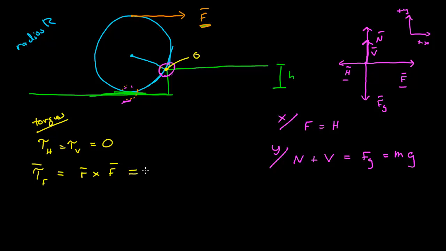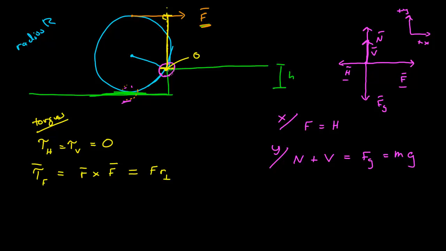I'm going to conveniently do this in terms of the magnitude of the force times the component of that radius vector perpendicular to the force. Remember, this is the magnitude of the force times the lever arm way to look at this problem. And so if I look at the axis perpendicular to that force, then the lever arm is that yellow line. That's the component of that vector perpendicular to F.